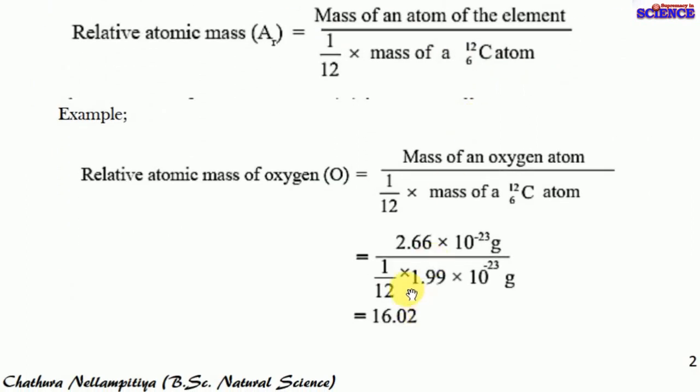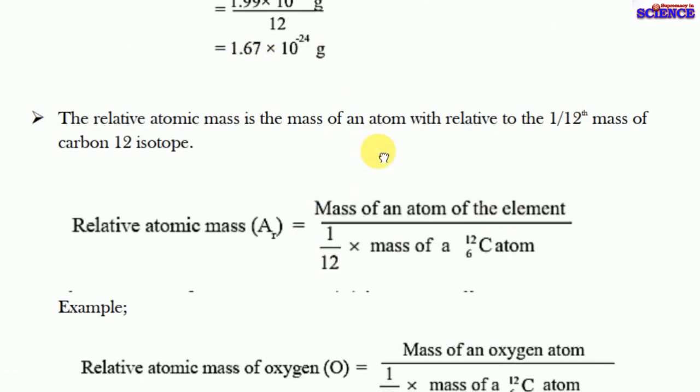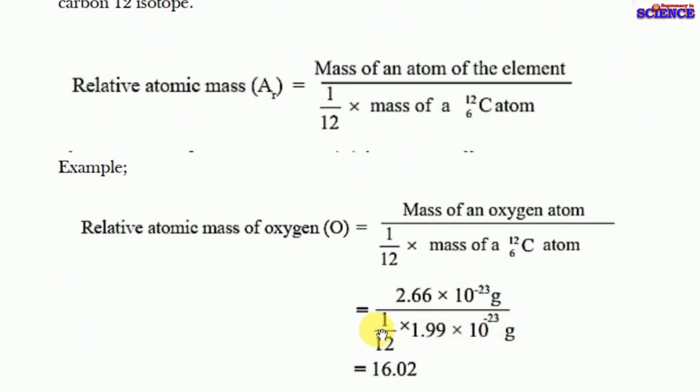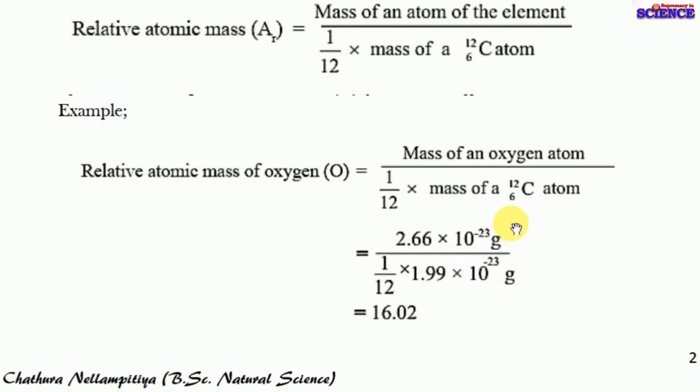You divide by that value, and you can see here they got this value by this substitution. So you can clearly understand that, I think. From this you can see gram to gram cancel out. Now you can understand that you get an answer of 16.02. So solving is not necessary here.